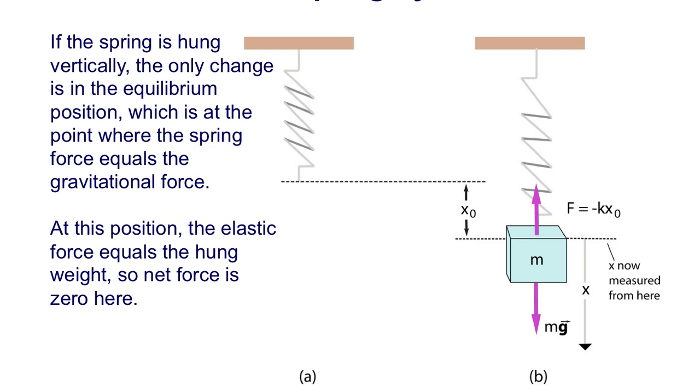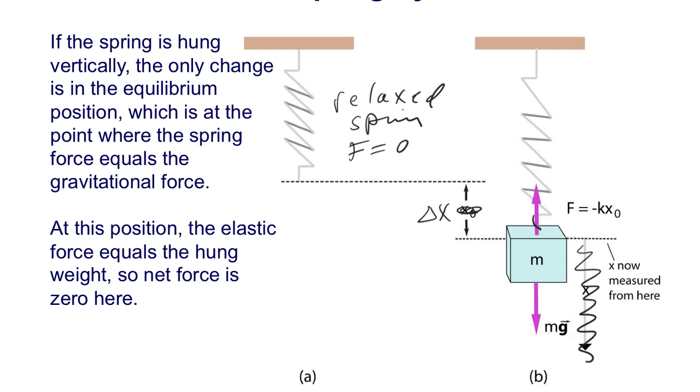All this is showing is that here is a relaxed spring, no force. There's no restoring force because it's not stretched out or compressed. But if you put a mass onto it, and it stretches it out some distance, delta x, delta x is this way.